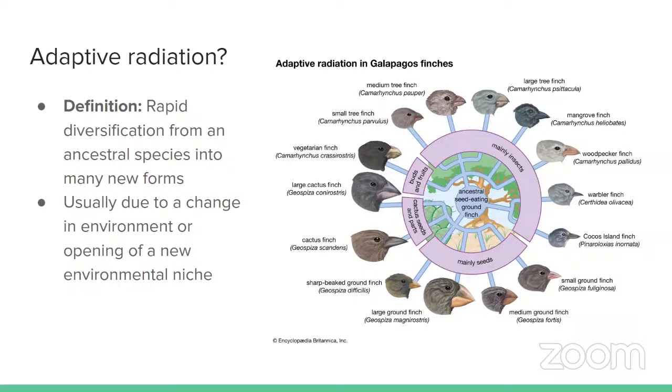Yeah. So an ecological niche is basically just a little carved out position in the ecosystem where you have an animal, something that is able to eat certain types of food, catch certain types of prey, live in certain types of places.